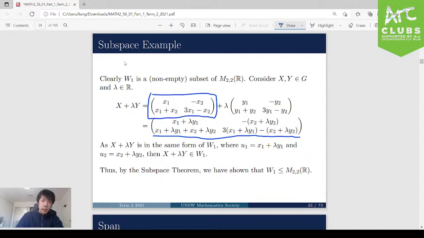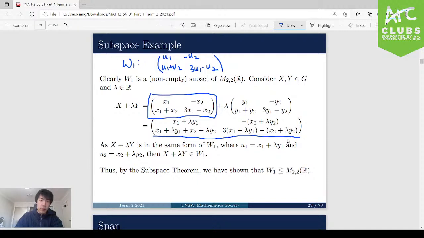Something within the set W1 had this sort of matrix, right? I'll just replace these x's with u's, for example. It had to be something in this form, right? If it was an element within the set W, right? And if you look at this big matrix here, that's exactly what we have.